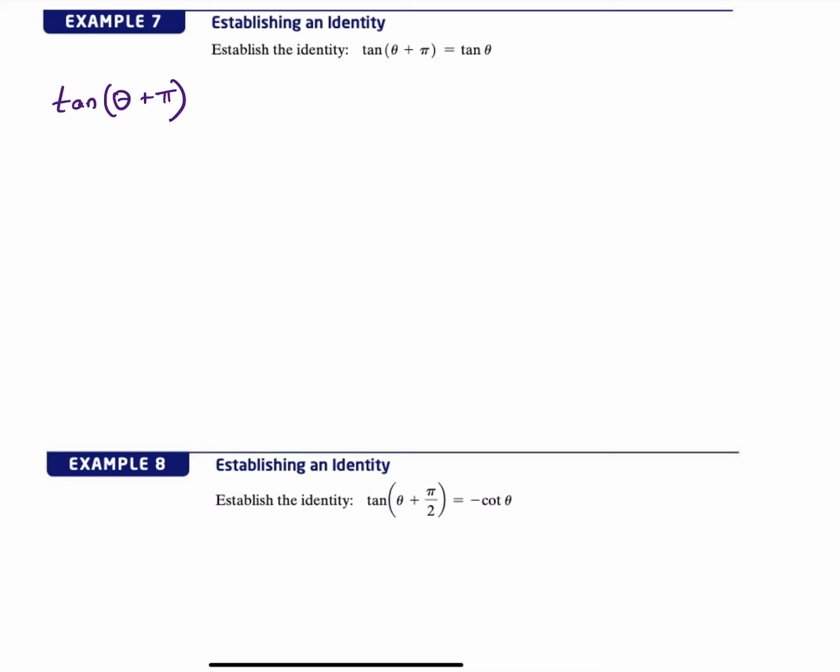Well, let's use our angle addition identity for the tangent. This should be the tangent of the first angle, which is just theta, plus the tangent of the second angle, which is pi, divided by 1 minus the tangent of the first angle times the tangent of the second angle.